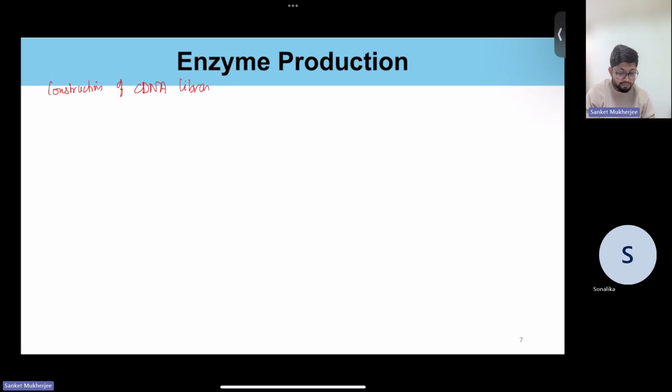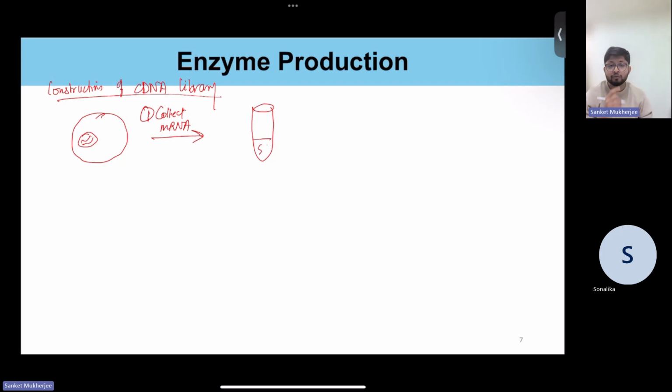So again, if we look at the schematic for construction of a cDNA library, how is a cDNA library produced? Let's say you have a bacteria from which you want to get the cDNA library. It has its own genomic DNA. What you want to do is collect the mRNA. Now you have the mRNA in a tube. This is usually performed using a chloroform and isoamyl alcohol process.